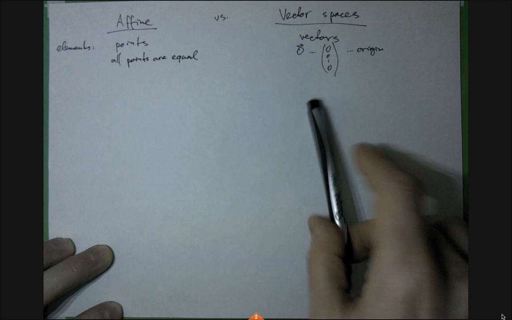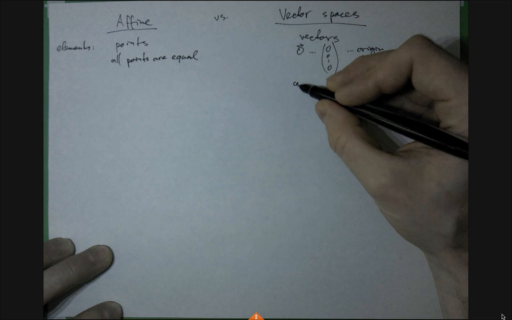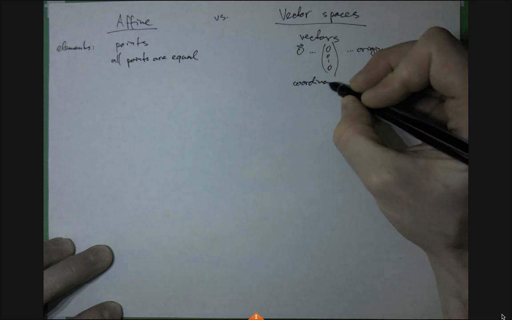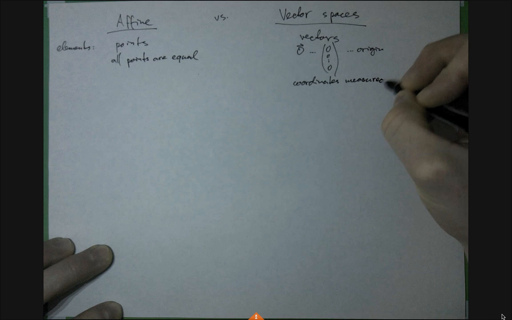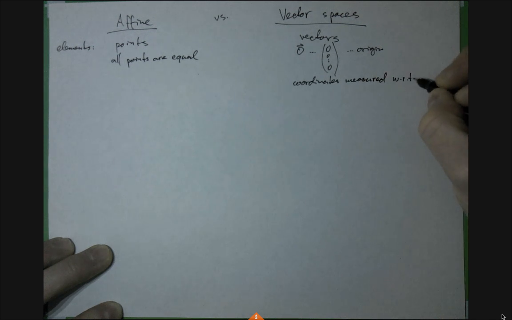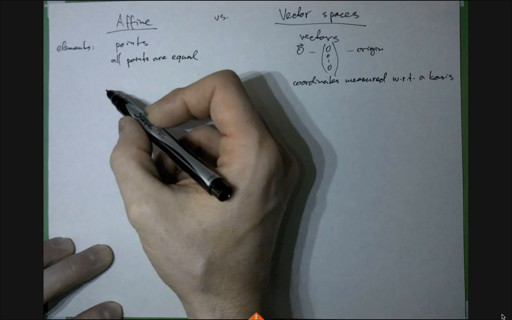If we measure coordinates in vector spaces, we measure them with respect to a basis, right? We discussed that. So let me just write it down. Coordinates, just to contrast, are measured with respect to a basis. And what are coordinates measured with respect to in affine spaces?